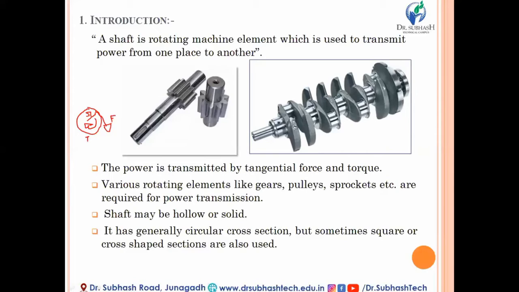Here the electric motor is the driver, the source of power, whereas the tool post or lead screw is the driven end. So ultimately, you require transmitting power from the electric motor to the driven end.